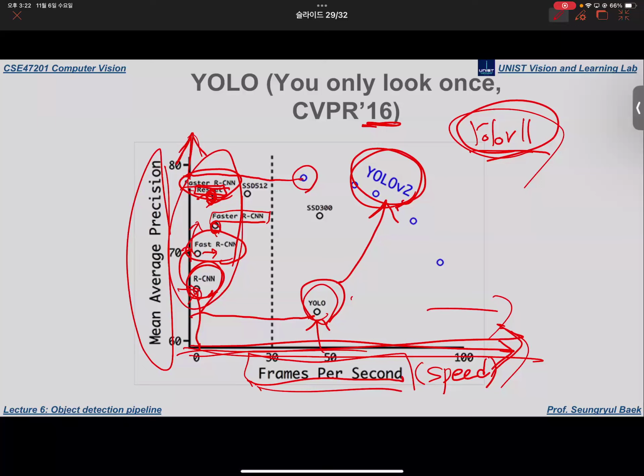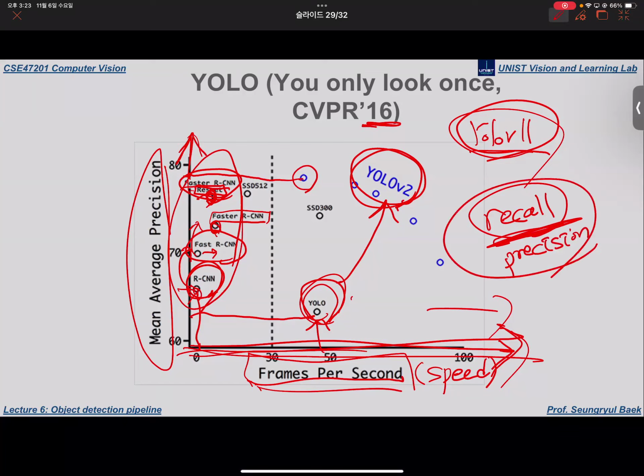But the most dramatic improvement for YOLO version 2 and 3 was their recall. I didn't tell you about recall yet. There are actually two measures for measuring accuracy: precision and recall.